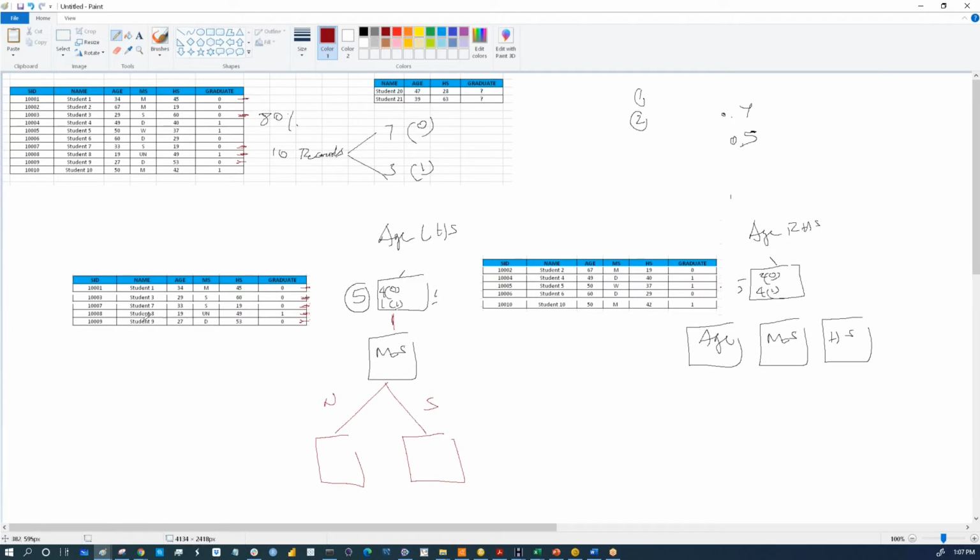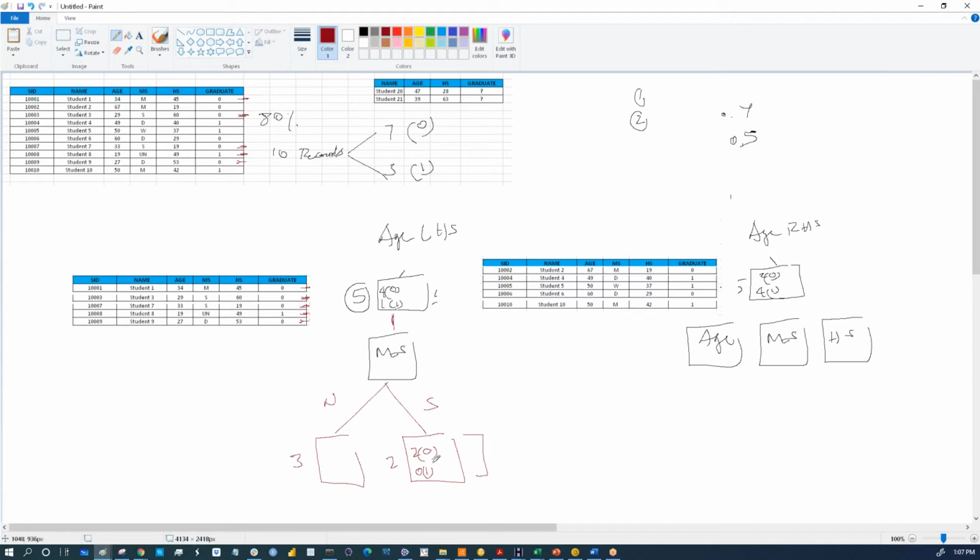How many singles do we have? 2. So we got 2, and then we got 3 here. 2 plus 3 is 5. So for the single, how many zeros do we have? 2 zeros, and how many ones do we have? 0.